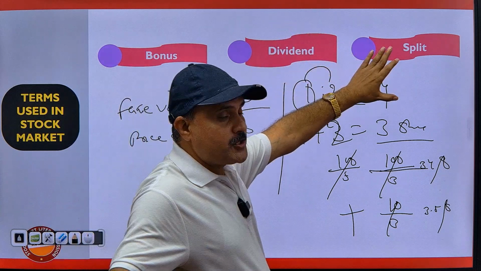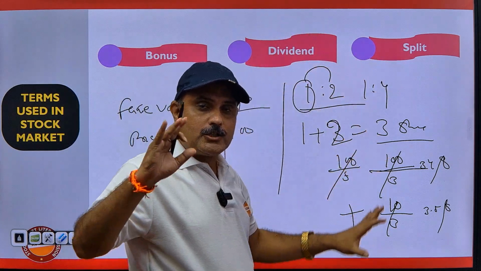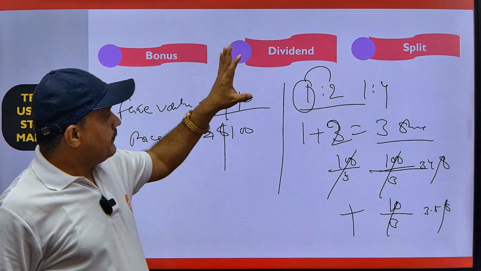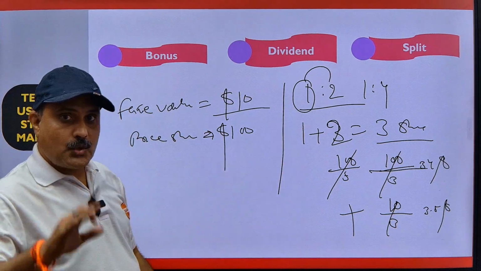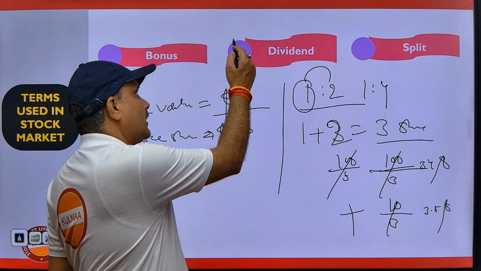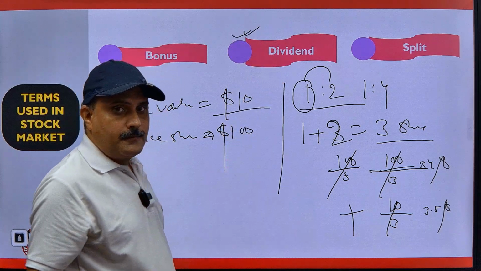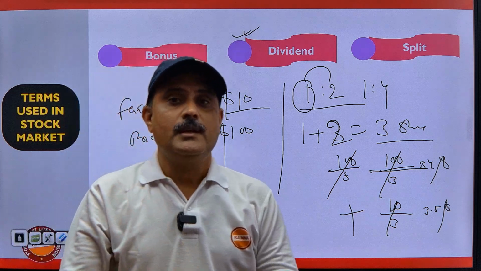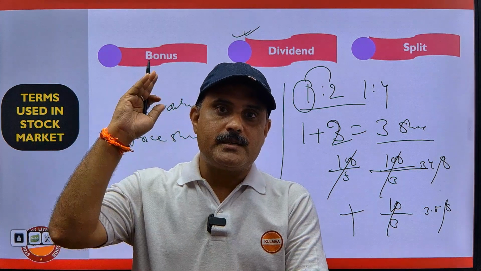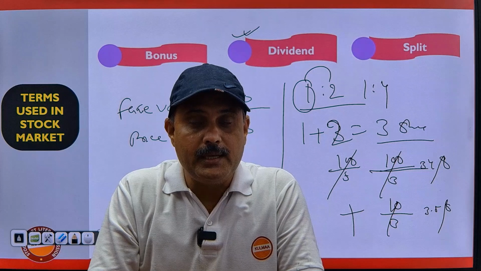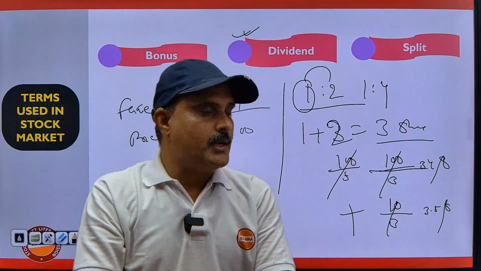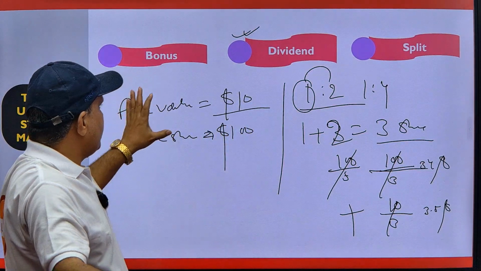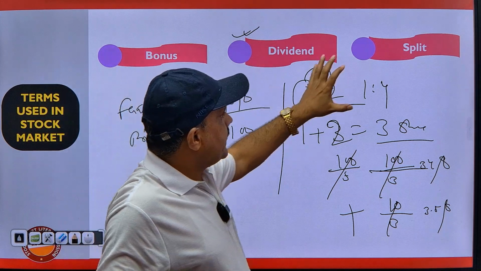In case of split, the share price will decrease and the face value will also decrease. And dividend will come from the reserve only. In case of company growth, if the company doesn't want to invest in further growth, then they can just announce the dividend. So this is the difference between bonus, dividend and split.